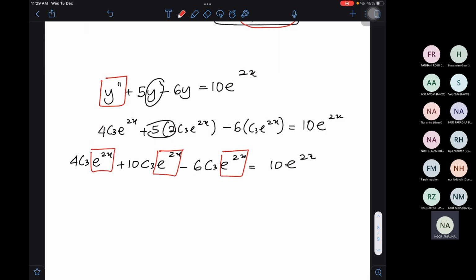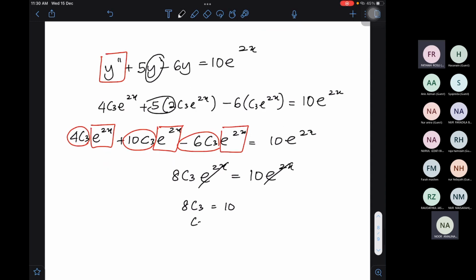So you boleh settle yang depan ni. 4C3 tambah 10C3, 14C3. 14C3 tolak 6C3 adalah 8C3. So you have 8C3 exponent 2x is equal to 10 exponent 2x, potong exponent 2x. So you have 8C3 is equal to 10. Therefore, your C3 is equal 10 over 8. So your C3 is equal 5 over 4.